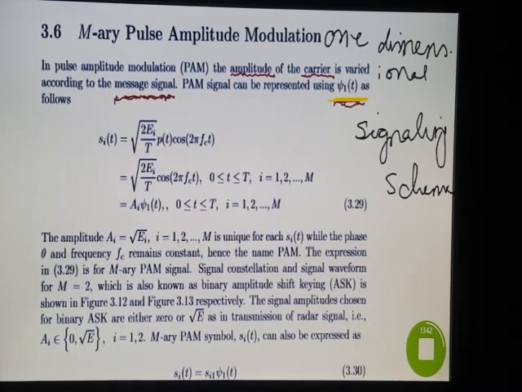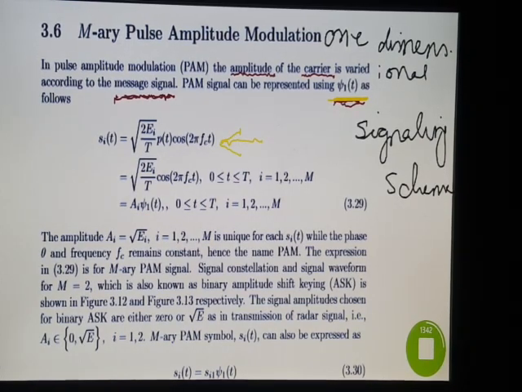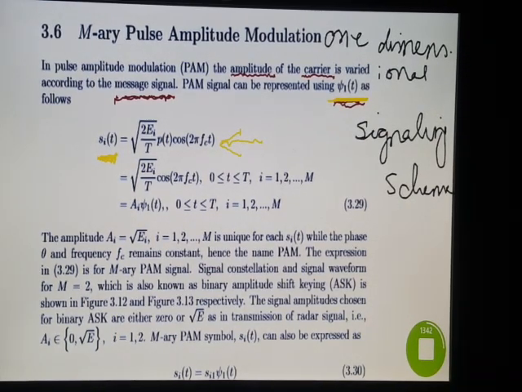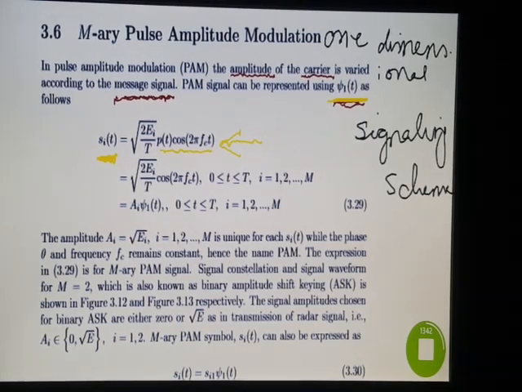Mathematically, you can see the expression. The mathematical expression is very similar to our previous schemes. S sub i of t is represented by square root of 2 E sub i over T, p of t, cos of 2 pi f c t.